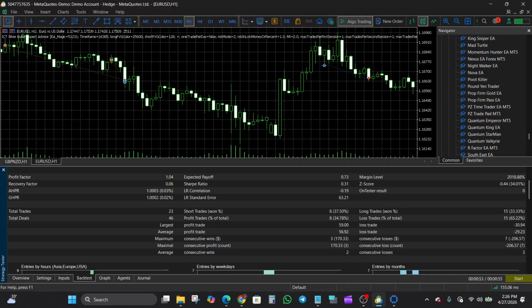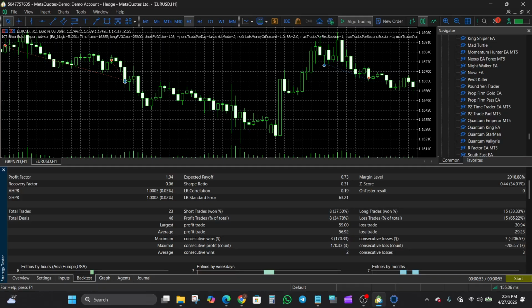Overall, the ICT Silver Bullet EA is a focused and structured trading system. It's not trying to trade everything. It's targeting specific high probability moments in the market based on time and imbalance. The biggest strength here is discipline. It follows rules strictly, avoids overtrading, and aligns with a proven trading concept.